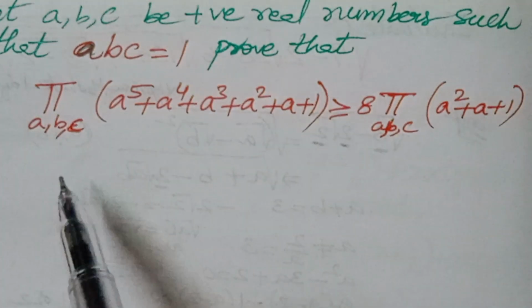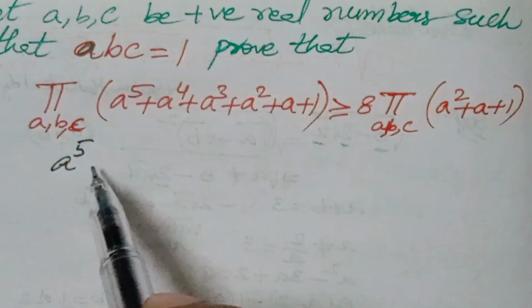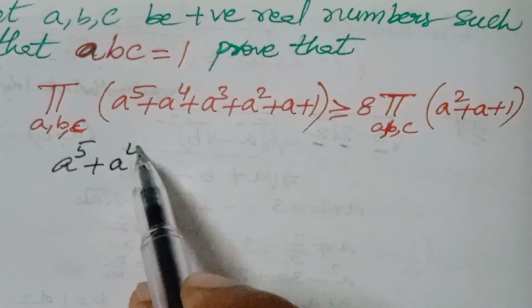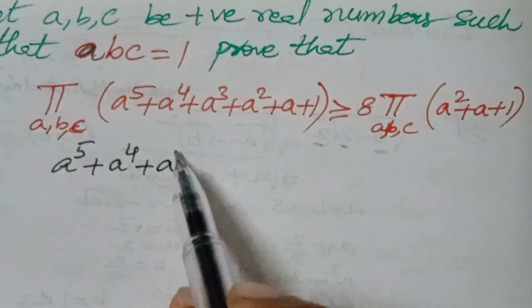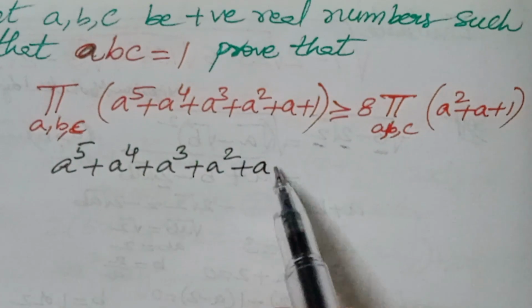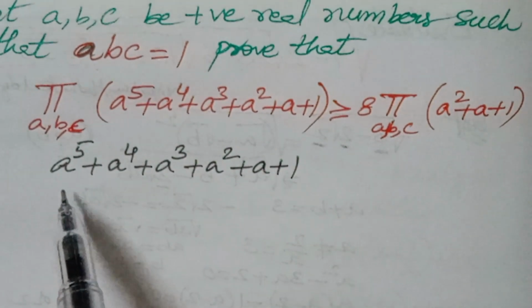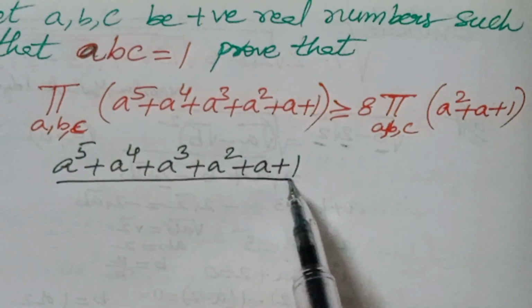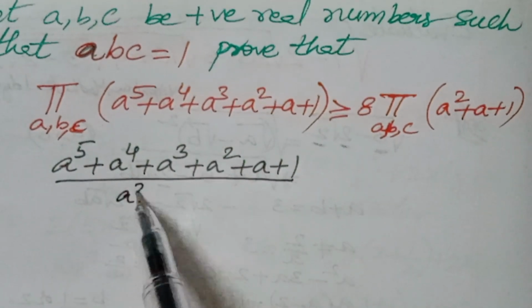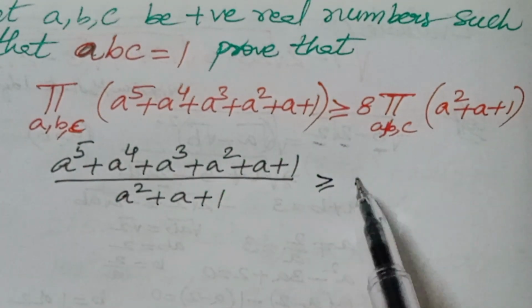So here, what is given. First of all, without the product sign, I am writing a to the power of 5, a to the power of 4, a to the power of 3, a squared plus a plus 1, divided by a squared plus a plus 1, is greater than or equal to 8.